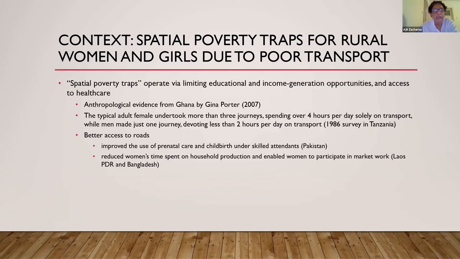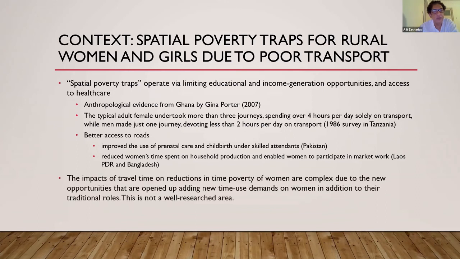The idea here is that the inability to access proper transport facilities, basically talking about the condition of roads, has an effect on limiting educational opportunities, income generation opportunities, and also access to healthcare. And this seems to affect women more adversely than men.